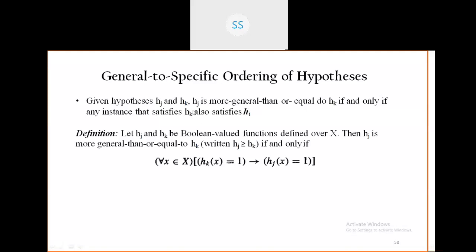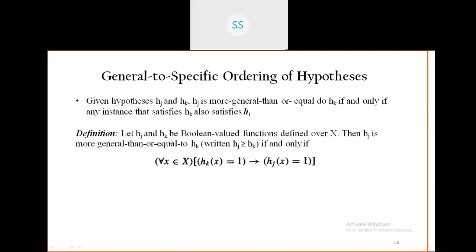If Hk is going to treat an instance as a positive example, then obviously Hj is also going to treat it as a positive example. Why? Because Hj is more general, or it can be equal to Hk. That's fine. Whatever instances are identified as positive by Hk can also be identified as positive by Hj. That is how the definition works for the general to specific ordering here.